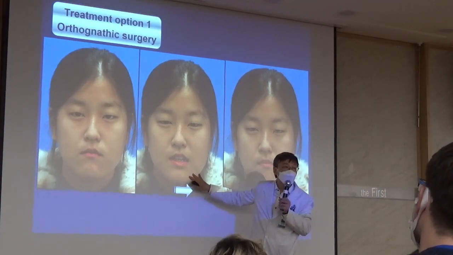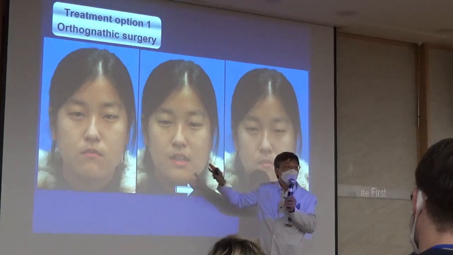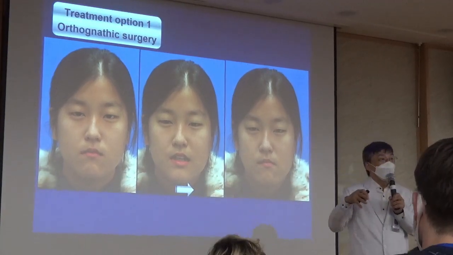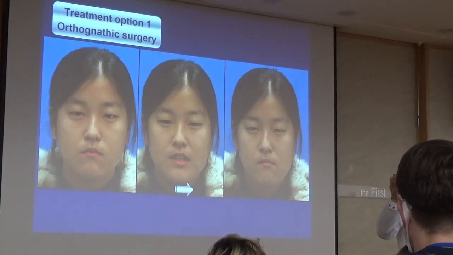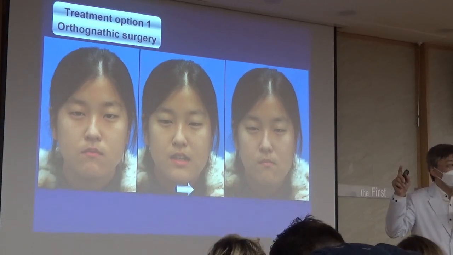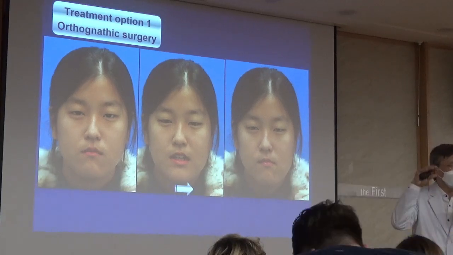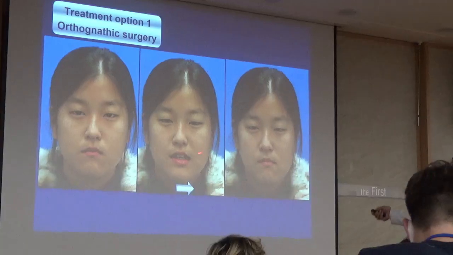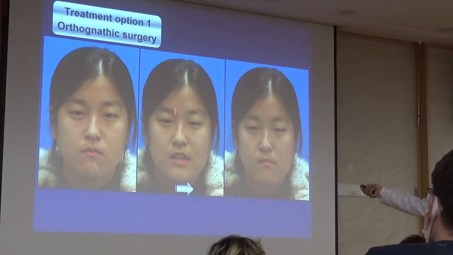What's the scenario? If she comes back from the oral and maxillofacial surgery department, after some days in the hospital and spending $20,000, she will end up crying in the orthodontic department. Why? Because she doesn't like the face, right?